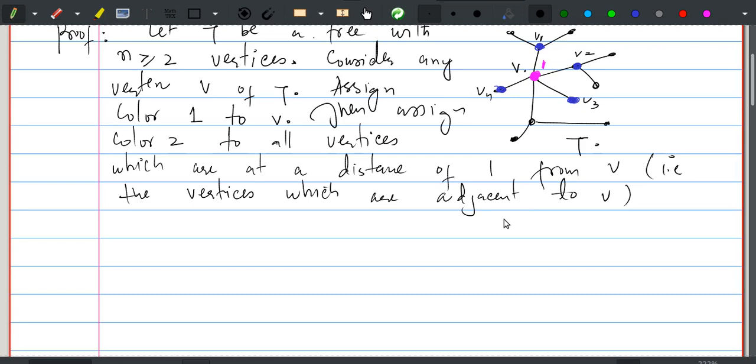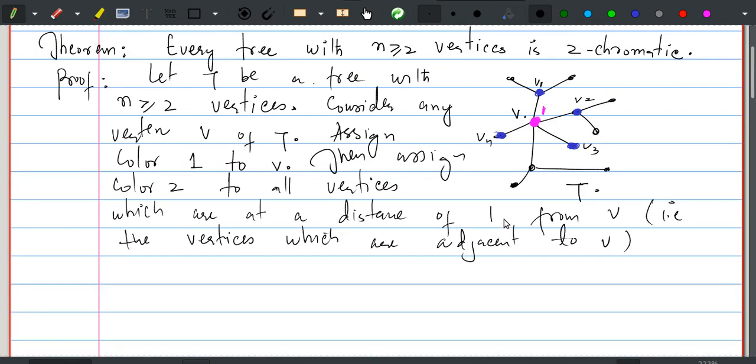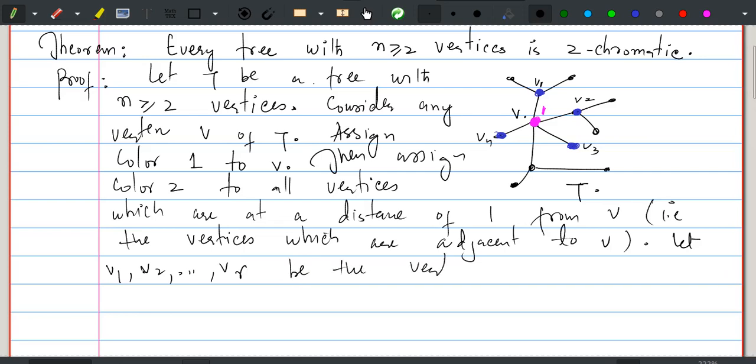Similarly, now we are going to look for the neighbors of these vertices. Let v1, v2 and so on up to vr be the vertices which have been assigned color 2.